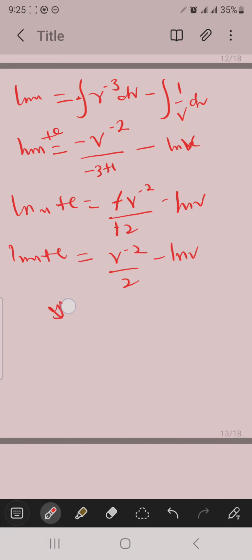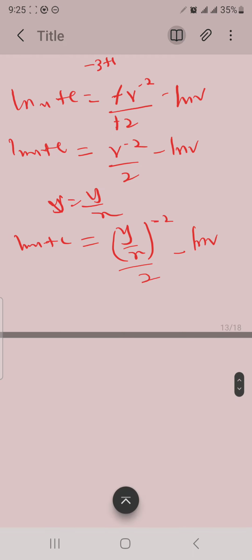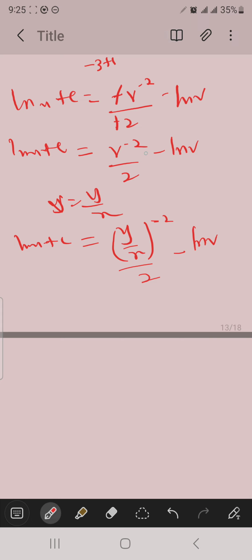So v now equals y over x. So this one is going to be ln x plus c equals y over x all raised to minus 2, over 2, minus ln v. Now, this one is raised to minus 2, and a power of minus 2 is going to be 1 over something.